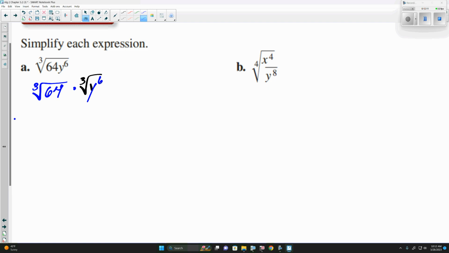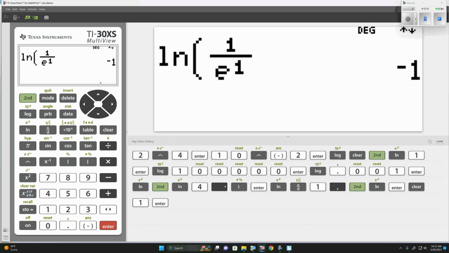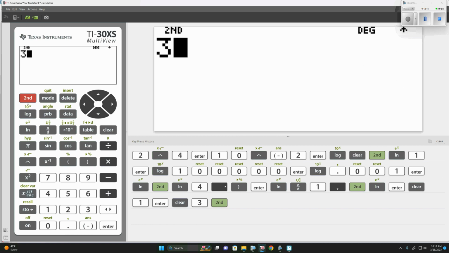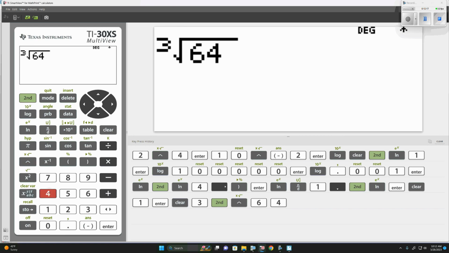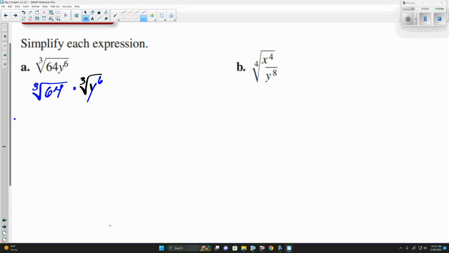Now the cubed root of 64, we can try plugging it into the calculator. Because if we plug it into the calculator and get a decimal answer, then we can use the factor tree to work it down from there. However, the cubed root of 64 is 4. We don't have to do that. We can just say that this is 4.